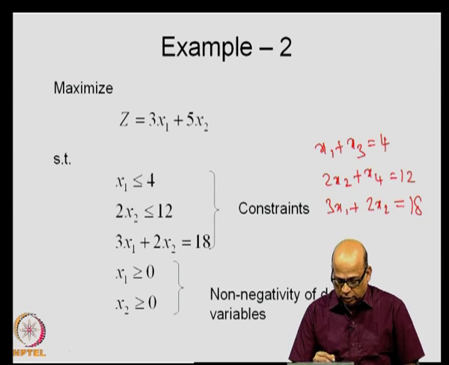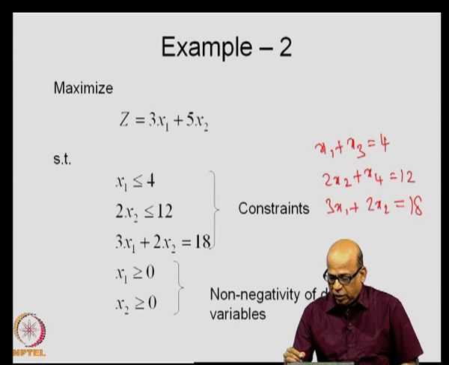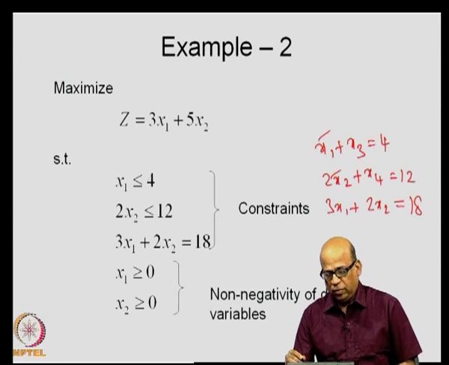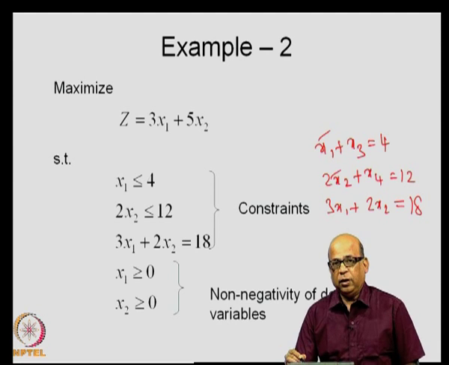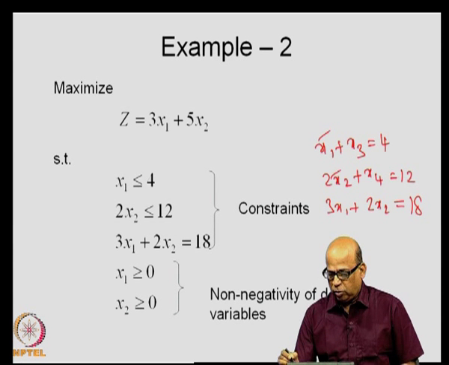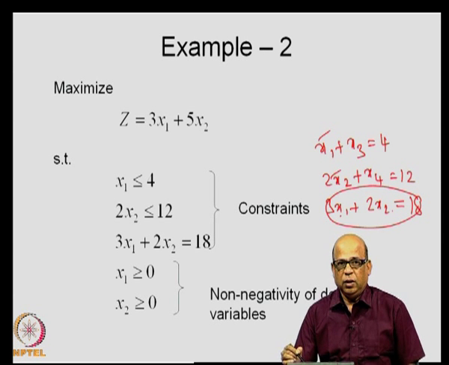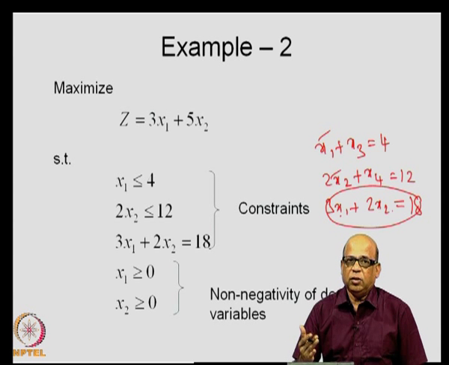If we do this, then what happens? I am setting x1 equal to 0, x2 equal to 0, because we want the original decision variables to be non-basic. Then x3 is equal to 4, x4 is equal to 12, but this becomes infeasible. I am putting 0 equal to 18, therefore this becomes infeasible, and I do not have an initial basic feasible solution.